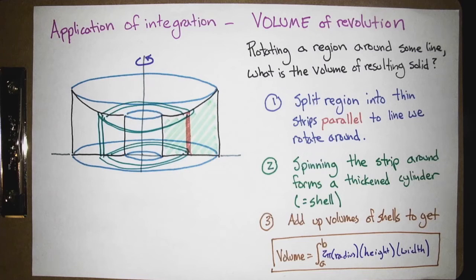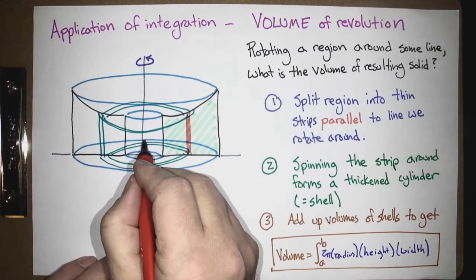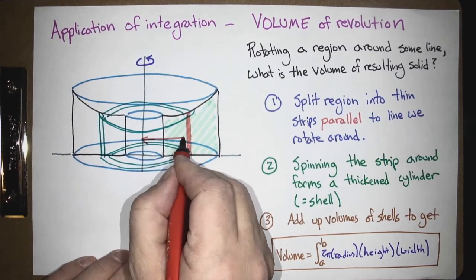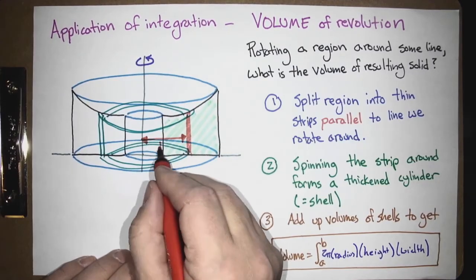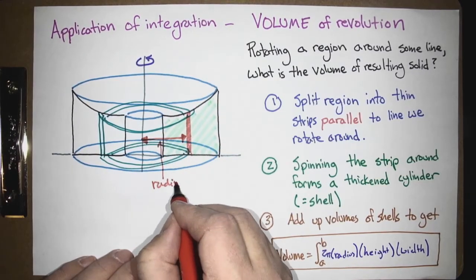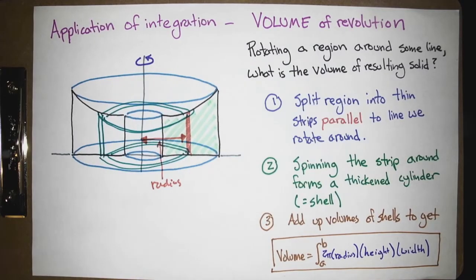Now let's put all of these in the picture. Okay, so radius, what is that? Well, it's from your slice to where you're spinning. So this part right here, that's your radius. How far is your slice from the line that you're spinning? What's the height?